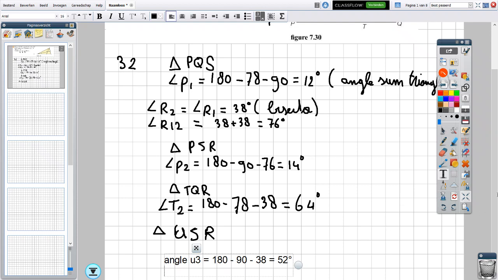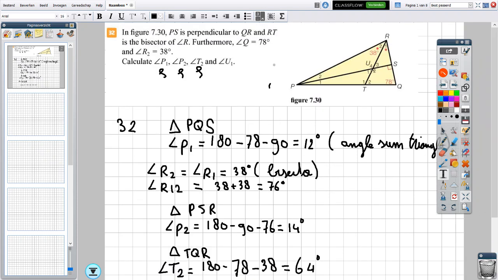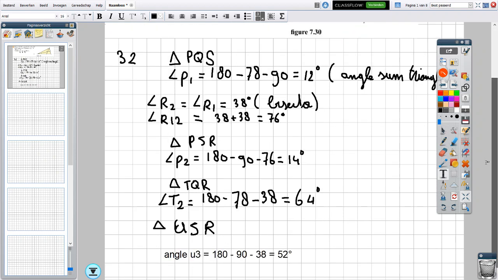And that means that if I'm now going to check here, angle U1 equals angle U3. So now I can say angle U3 equals angle U1 equals 52 degrees. I still have to say why, right?